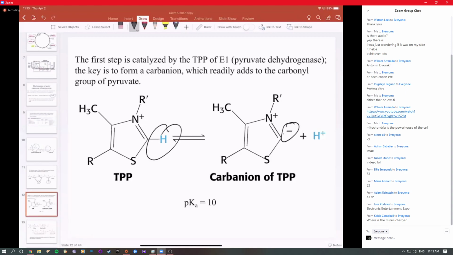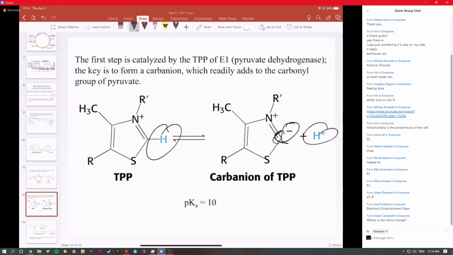This anion is actually on that carbon there, and then you make H+, and so therefore you can make TPP anion relatively easily. The TPP anion, like many anions, is going to be quite nucleophilic.